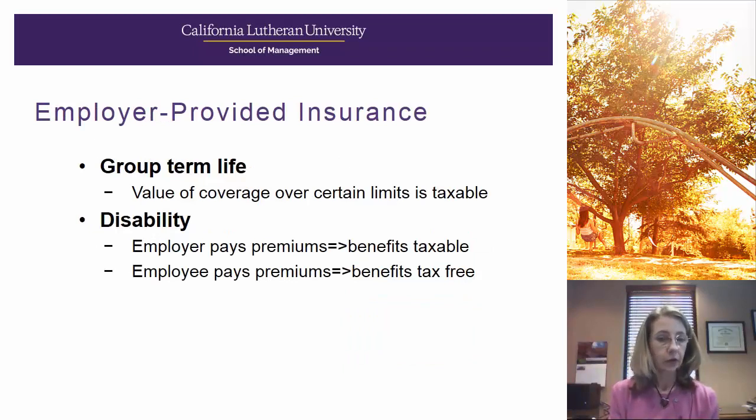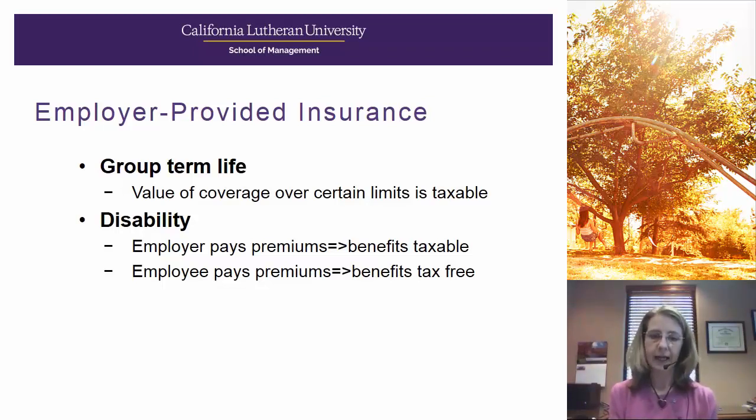So there are other types of insurance that employers typically provide employees other than health insurance. The most common are group term life and disability insurance. So the important thing to know about group term life insurance is that the value of coverage over $50,000 of death benefit is actually considered taxable income to the employee.